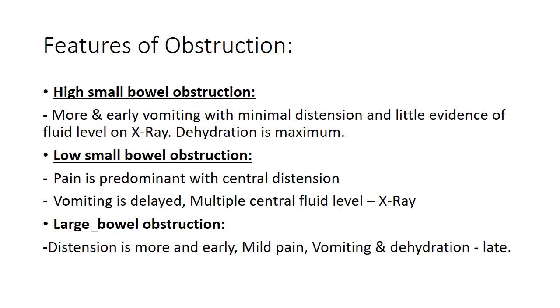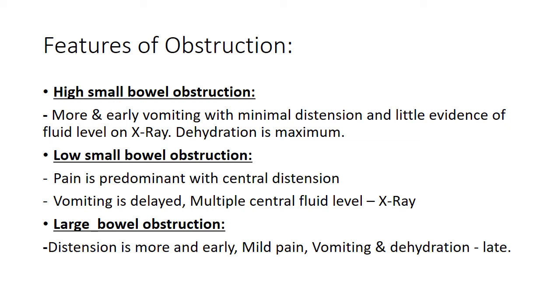It's very important to differentiate high small bowel, low small bowel, and large bowel obstruction by their clinical presentation. In case of high small bowel obstruction, the patient has more vomiting at an early stage of disease with minimal distension and little evidence of fluid on abdominal X-ray. Dehydration is maximum in high small bowel obstruction.